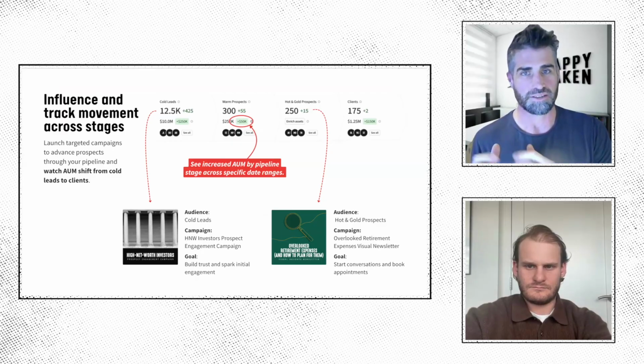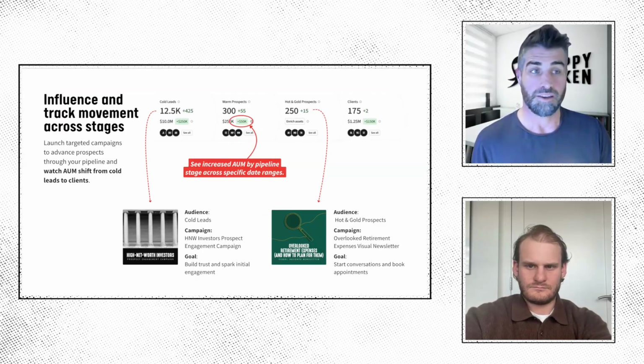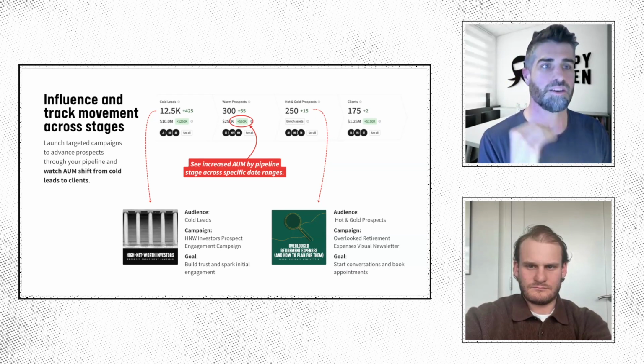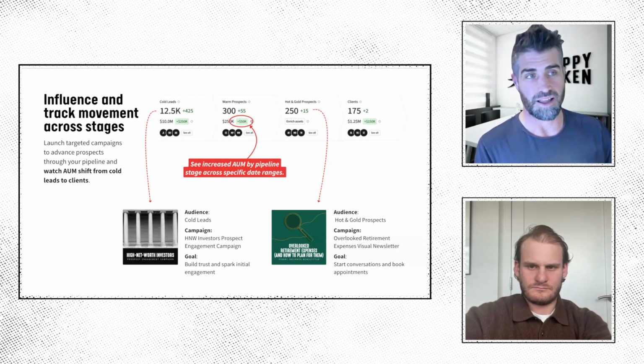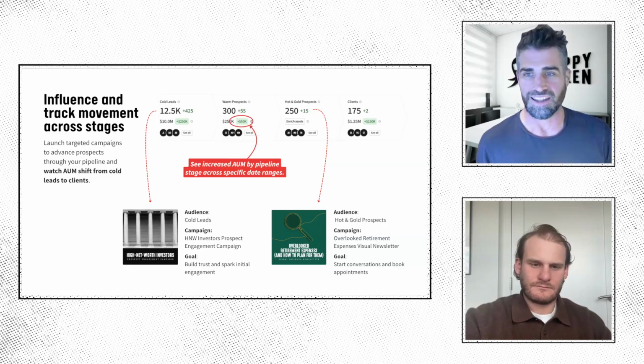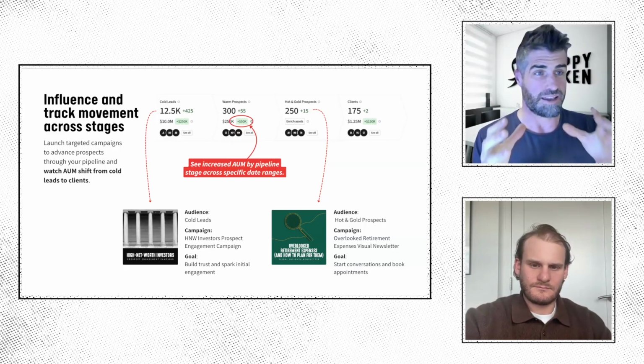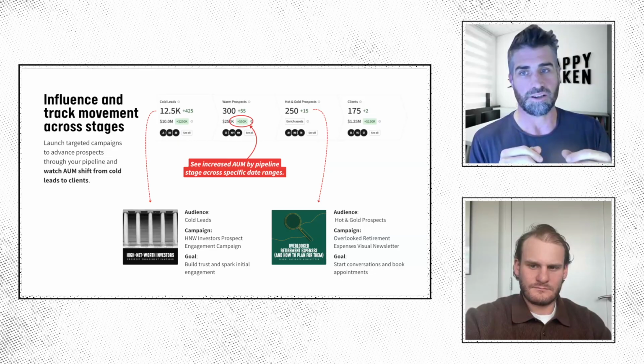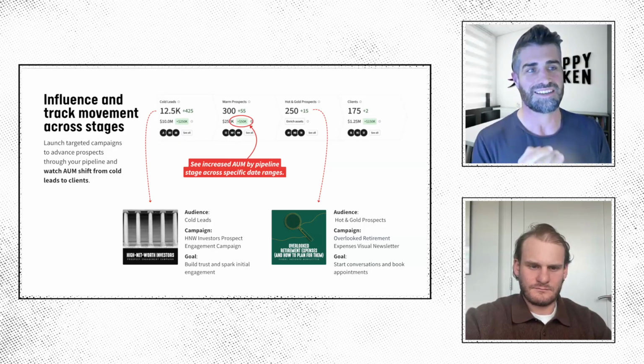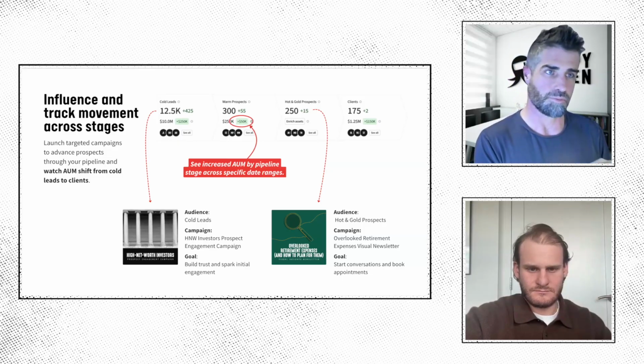I have this many cold leads and this many warm prospects. And I can start to think, what campaign am I going to launch to move people from cold leads to warm prospects, from hot and gold prospects to clients? And these are going to be different types of campaigns. And because you have that selected date range that you can choose, you can launch these campaigns and then see how they are impacting people moving through the pipeline.